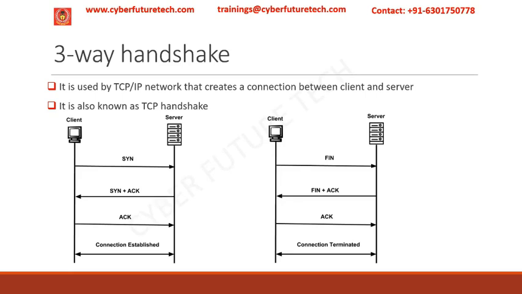Step 1. In this step, the client sends a segment with SYN, that is synchronized sequence number, to the server so that client can start communication. Step 2. As per the client request, server responds with SYN ACK signal bits set, where ACK is response of segment that is received and SYN is a sequence number to start the segments with.